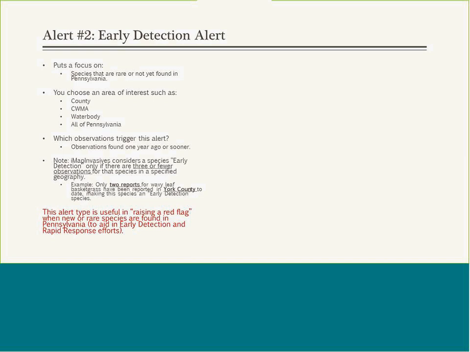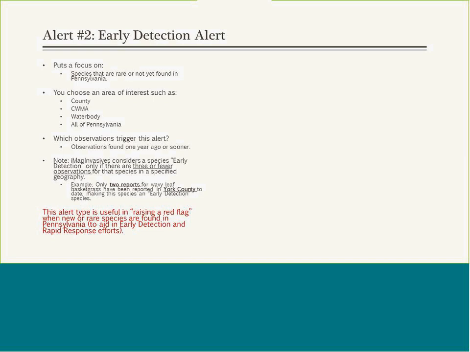Say you have only 2 reports for wavy leaf basket grass reported in York County. Essentially, it makes wavy leaf basket grass in York County an early detection species because we only have 2 reports for it. So as soon as you hit over 3, it's not going to be an early detection species anymore, just based on how iMapInvasives identifies that species.